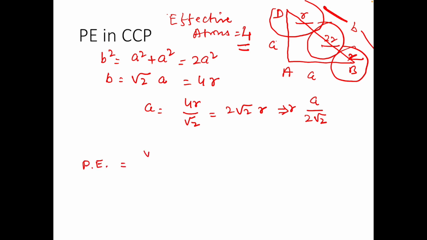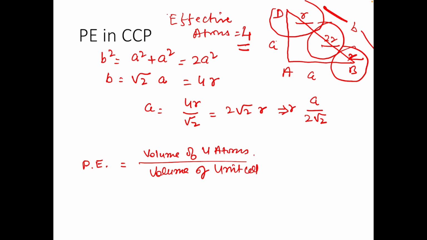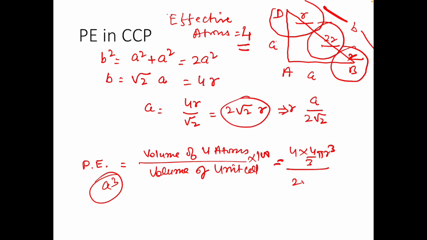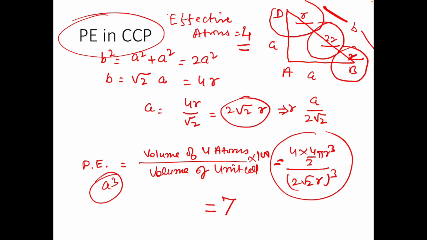It will be the volume of 4 atoms divided by the volume of the unit cell, into 100. The volume of 4 atoms will be 4 into 4 by 3 pi r cube, and the volume of the unit cell is A cube, where A is 2 root 2 r, whole cube. If we calculate it further, we get that the packing efficiency in CCP is 74%.